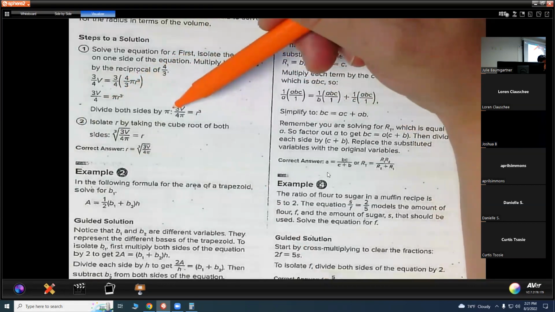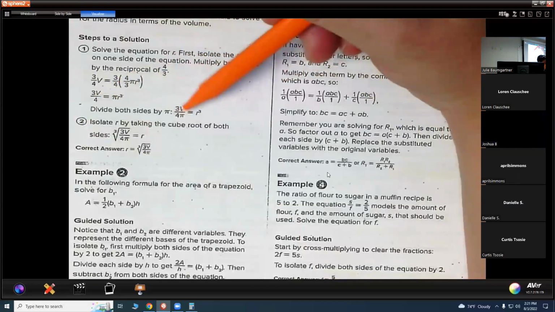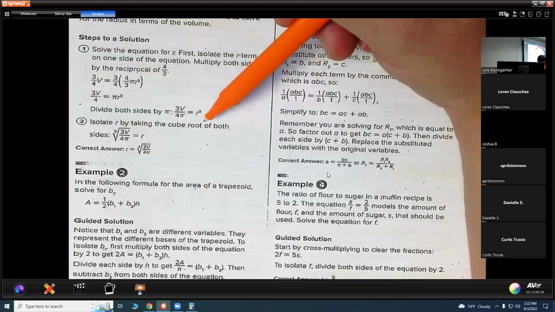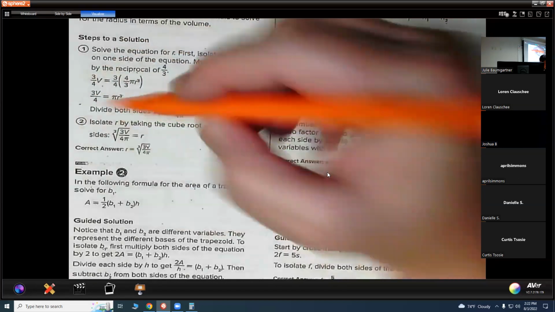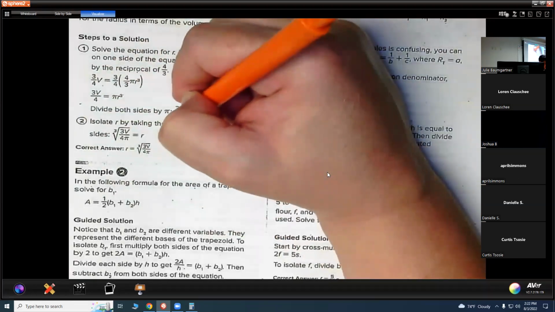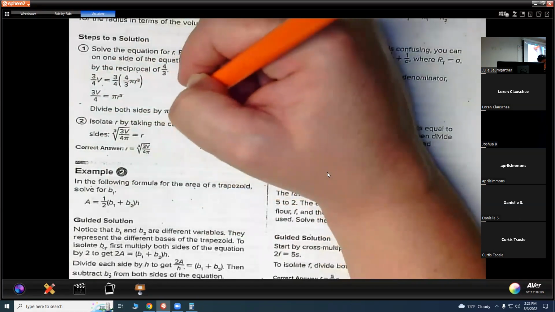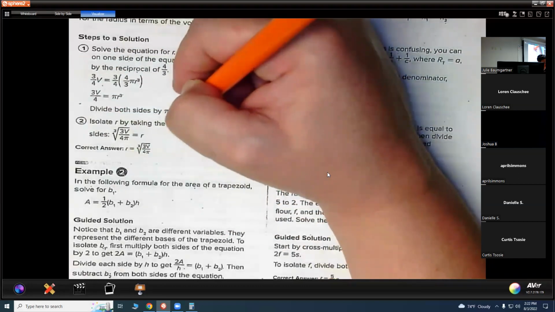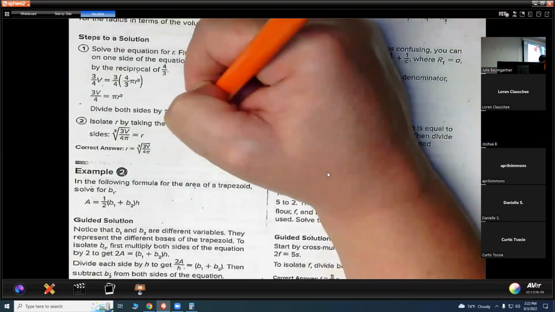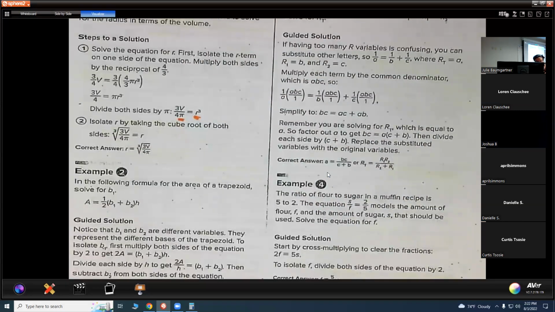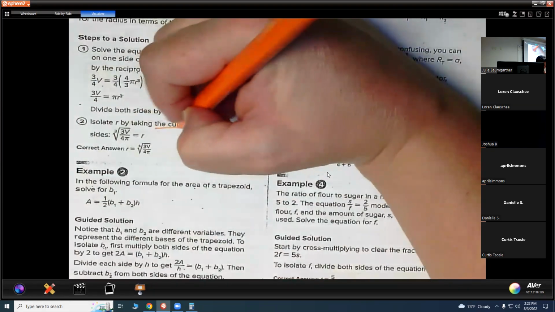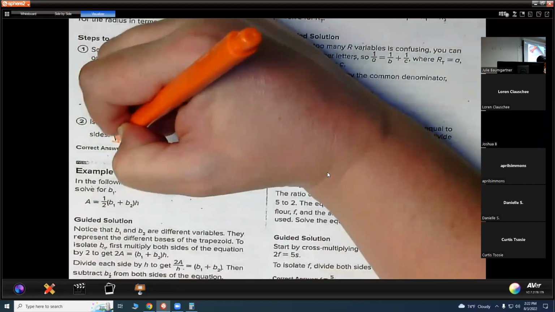So now I should, right, move my pi over by dividing both sides by pi. So see, now that I've divided both sides by pi, now I have 3 times the volume divided by 4 times pi equals the radius cubed. Okay, and then to undo the cubing, you have to take what's called the cube root, which is this here.